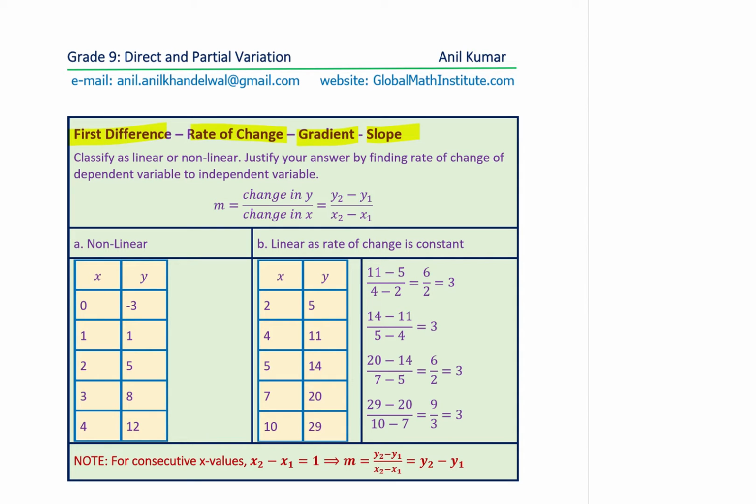I have taken two cases here, and in one case we have non-linear case, the other one is a linear case. Let us see how from the first difference we can figure out whether the data provided is representing linear relation or not, right?